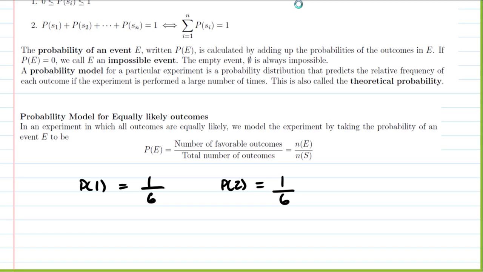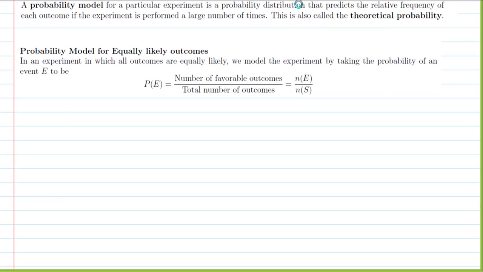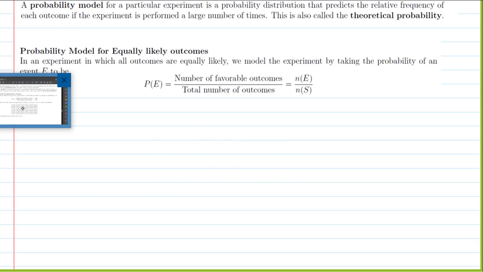So the idea for our first formulation of a probability model is, if events are equally likely, we can calculate probabilities by counting the number of favorable events and dividing that by the total number of outcomes. So the number of things in the event we're trying to find divided by the total number of possible outcomes.